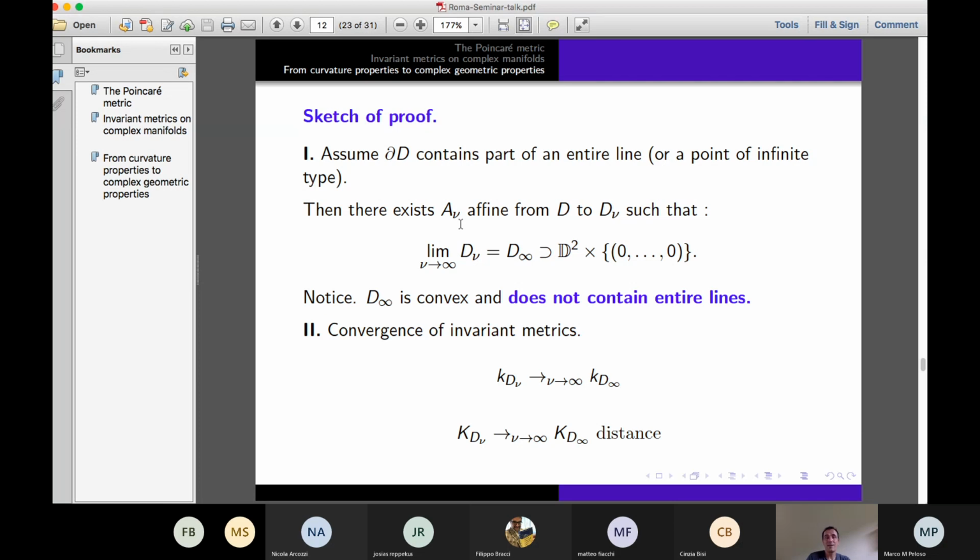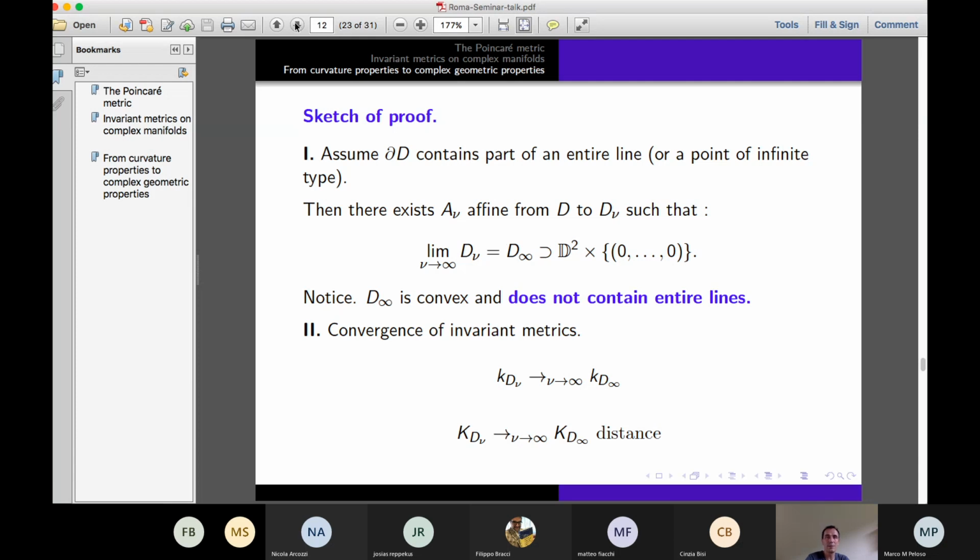Imagine that the Kähler metrics you had on D nu converge to some Kähler metric on D infinity. Then, since the holomorphic bisectional curvature at each step was negatively pinched, at the limit domain D infinity you would obtain a complete Kähler metric for which the holomorphic bisectional curvature is negatively pinched.